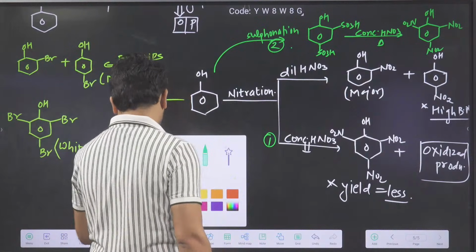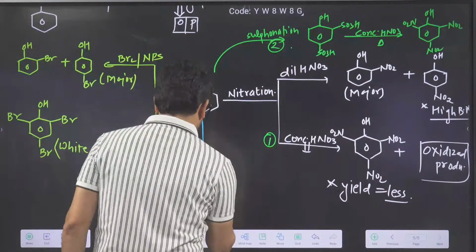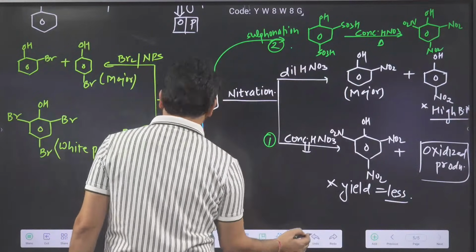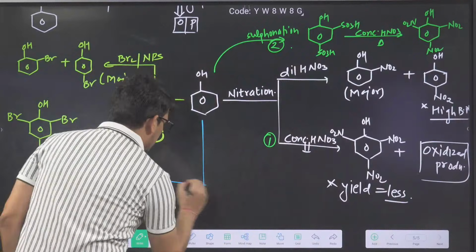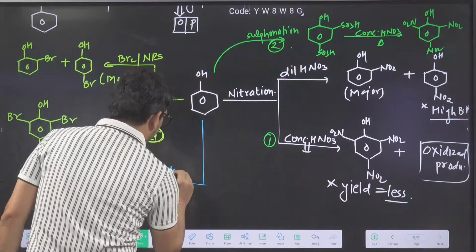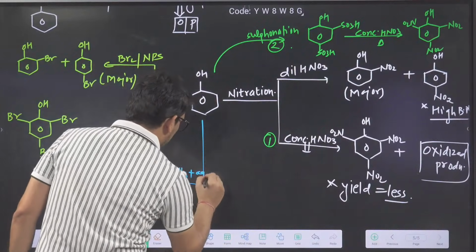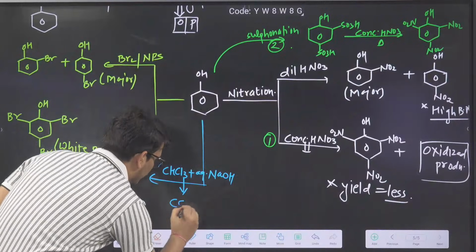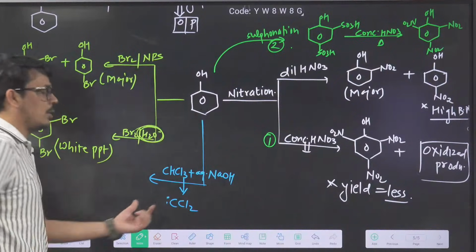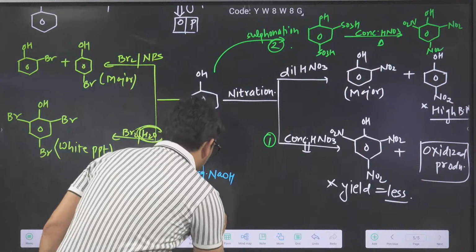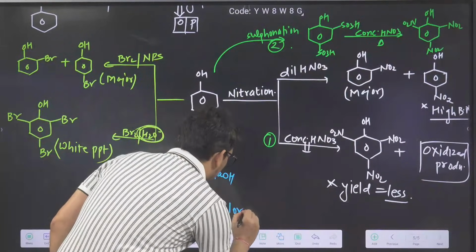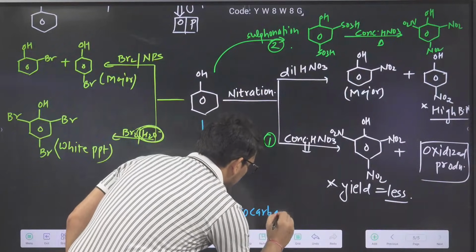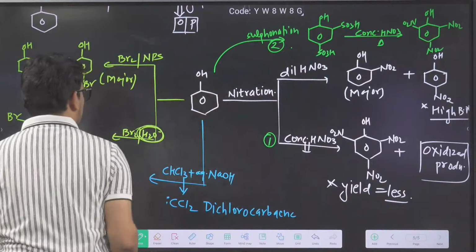For this one, I'm writing chloroform plus aqueous NaOH. First these two react and you will get one electrophile. That electrophile is dichlorocarbene.